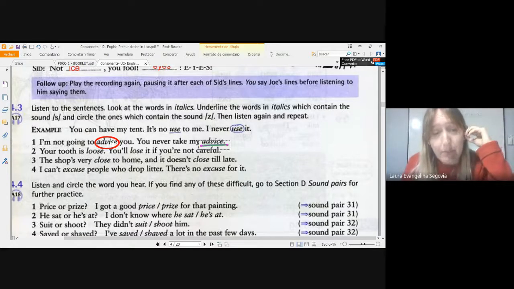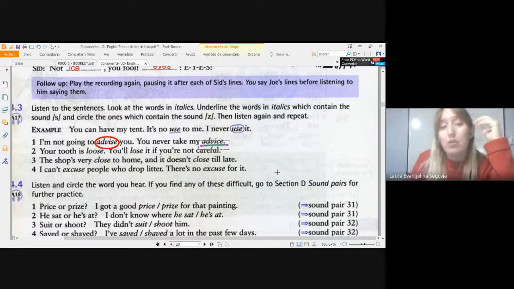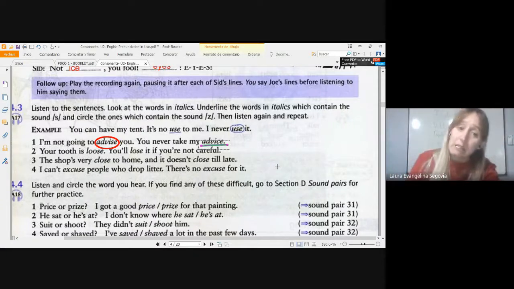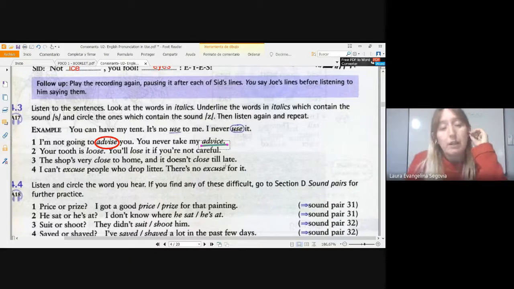So the verb is advise and the noun is advice. You see the difference? Here you have the semantic difference. Also, the category of the word affects the pronunciation. So you have advise, advice. Thank you, Anna. You're welcome.